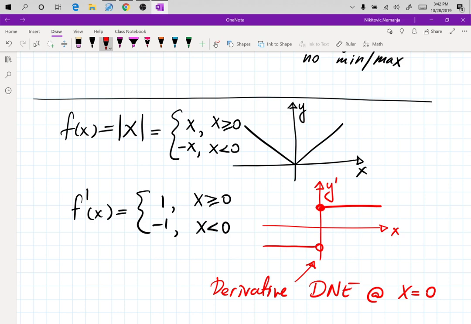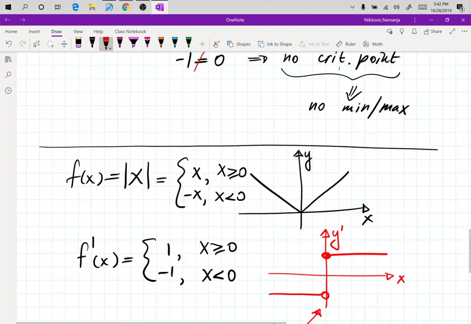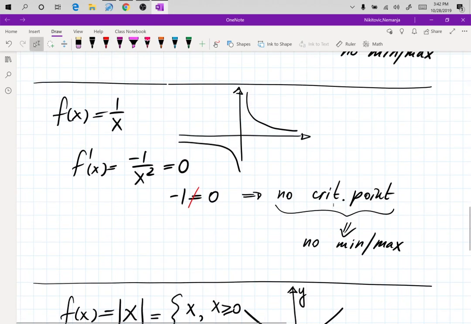We have a minimum. Now, the derivative also doesn't exist when you have a vertical asymptote, which was the previous example with 1 over x. So the derivative doesn't exist at the vertical asymptote, but we didn't have min and max there. So that one is tricky, right? You will have to be able to figure out, if it's a vertical asymptote, you have a limit for that.